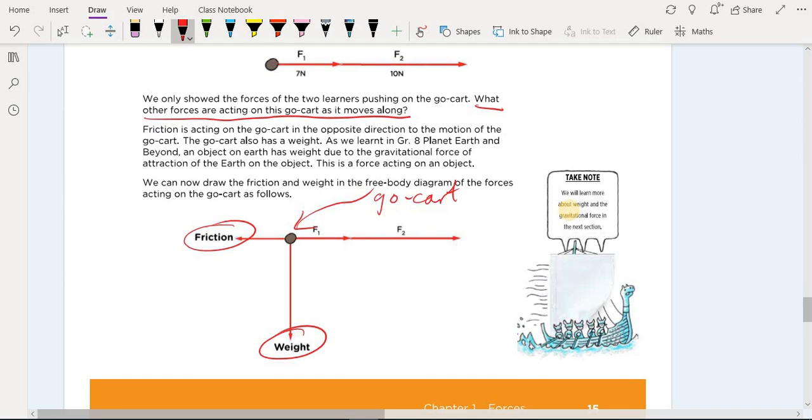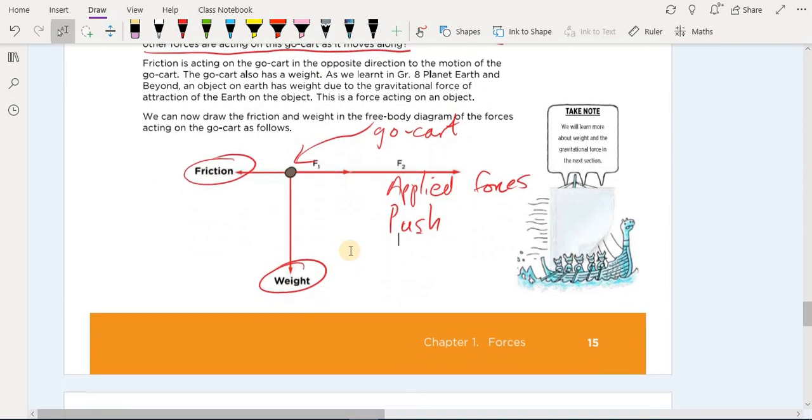Okay, so in this free body diagram that we're looking at, those are the two forces, and we typically talk about those as being the applied forces. But for us, those are the pushing forces being applied.